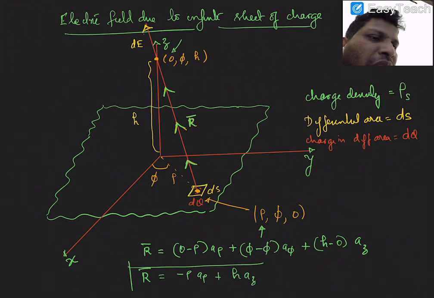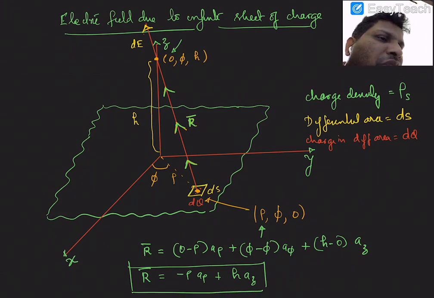This is my vector. What will be the magnitude of this vector?